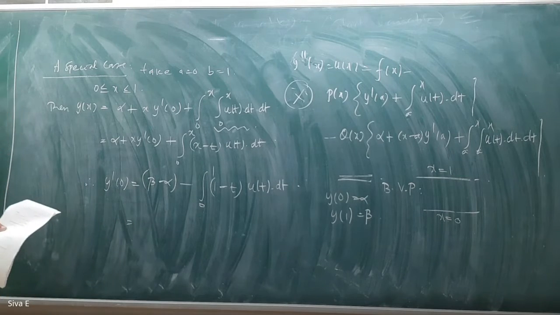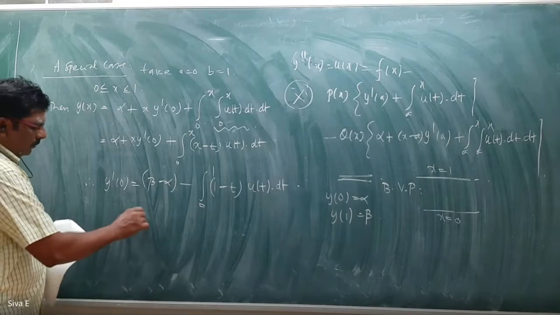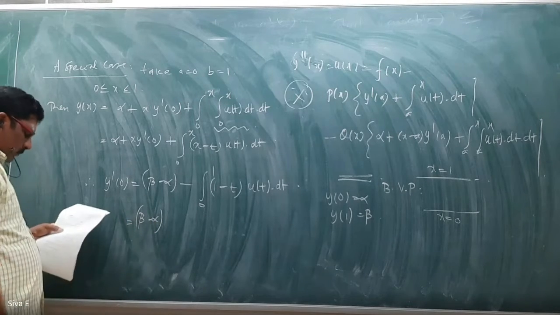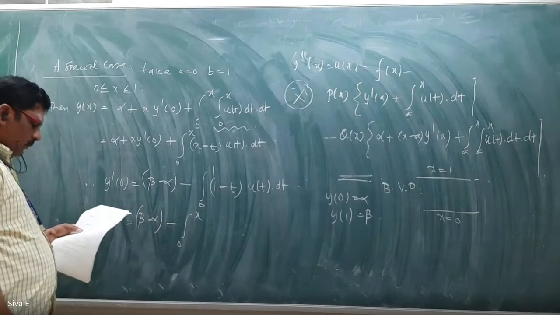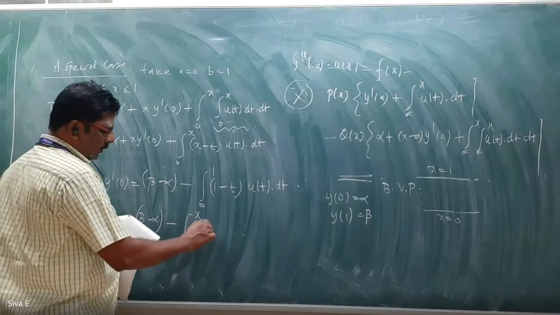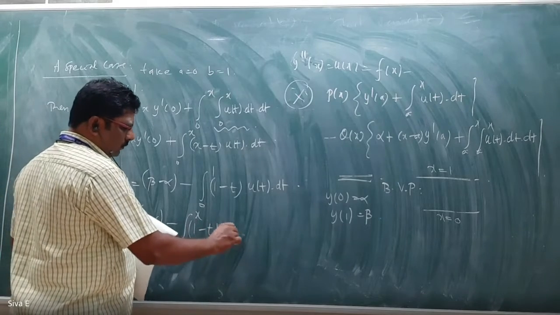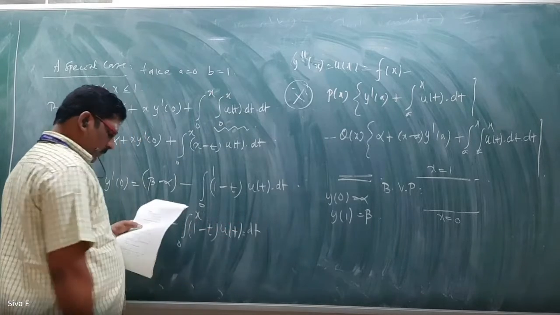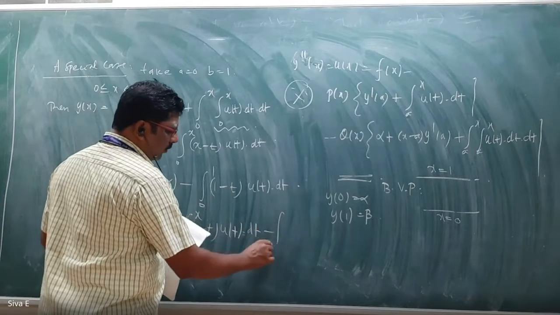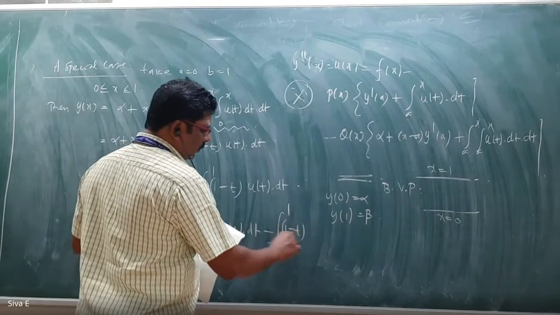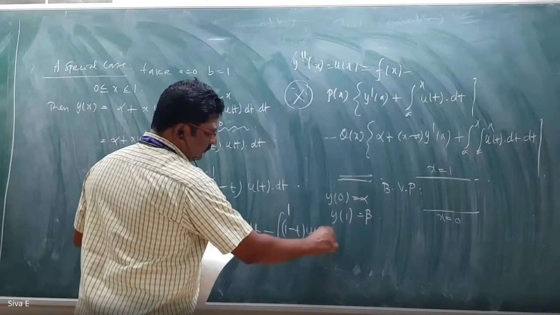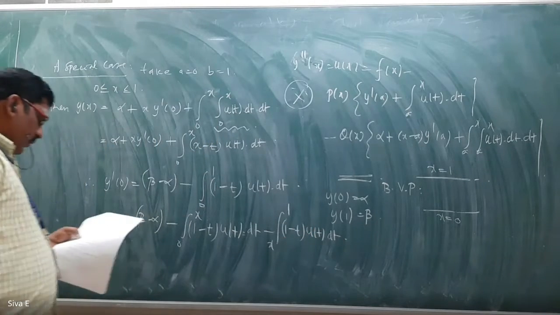This also can be written as beta minus alpha minus integral over 0 to x, 1 minus t u of t dt, minus integral over x to 1, 1 minus t u of t dt.